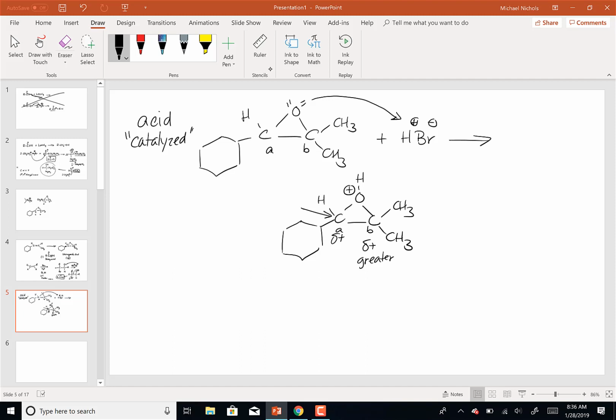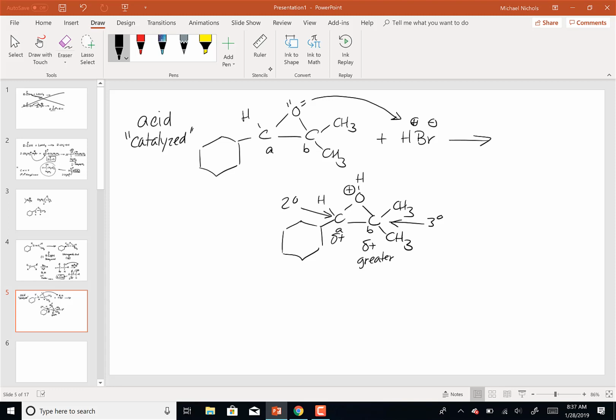And I'm going to put it in quotes because it's going to have a slightly positive charge. So that carbon, primary, secondary, tertiary, carbon A? Secondary. Carbon B, tertiary. So which one of those two carbons is going to want the positive charge more, or better be able to stabilize it better? The tertiary. So there's going to be a greater delta positive charge on B.